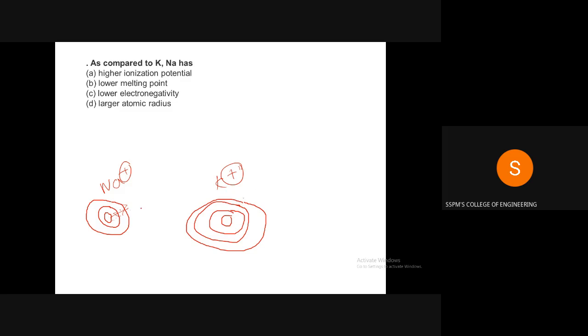Here the distance is less and here the distance is more. That's why sodium has the higher ionization potential, because sodium has 3 orbitals and potassium has 4 orbitals. So this is the correct option.